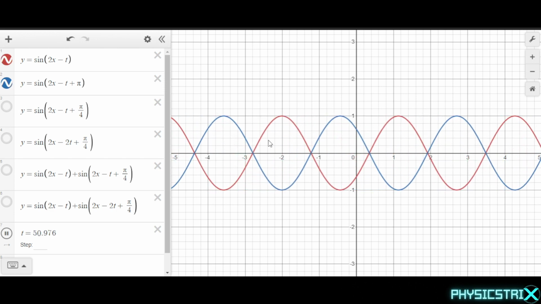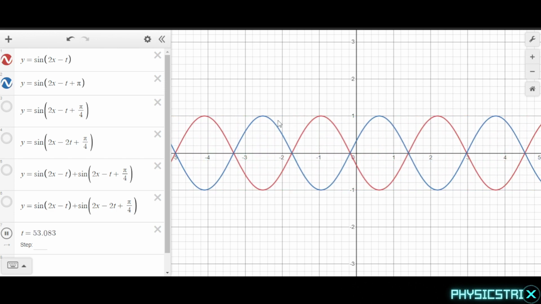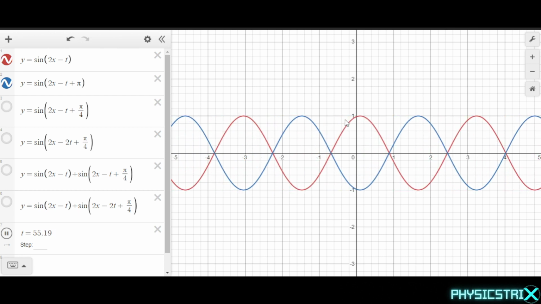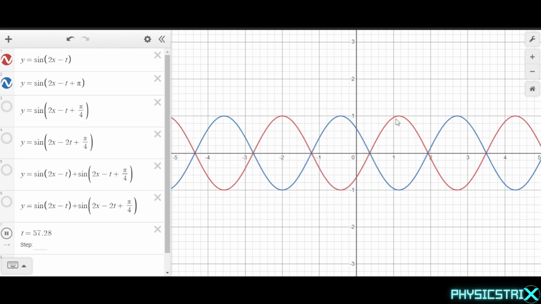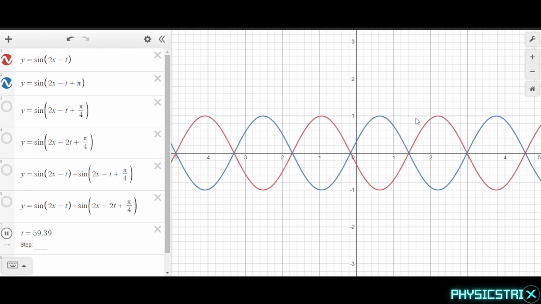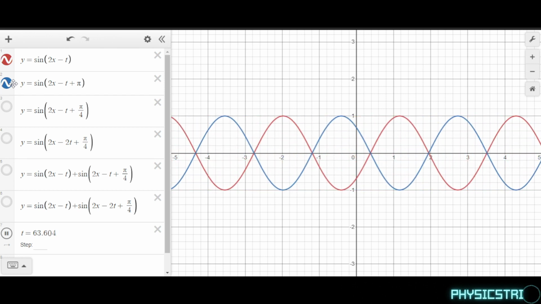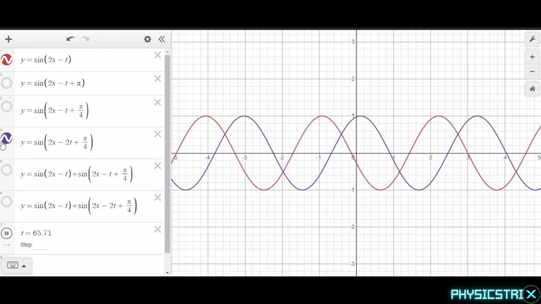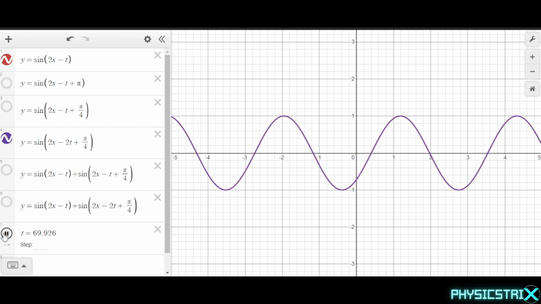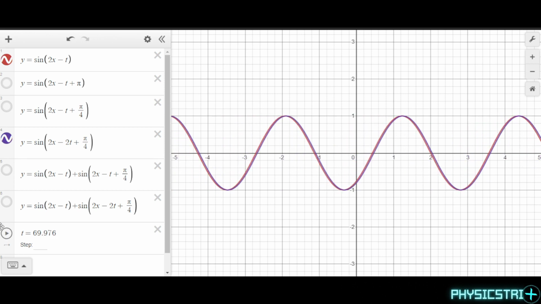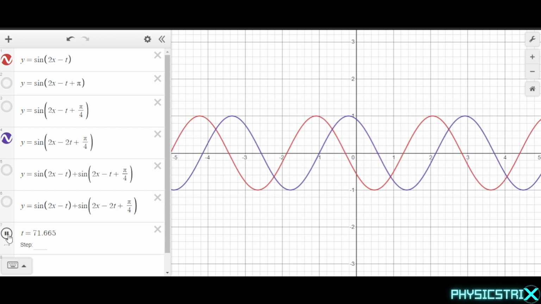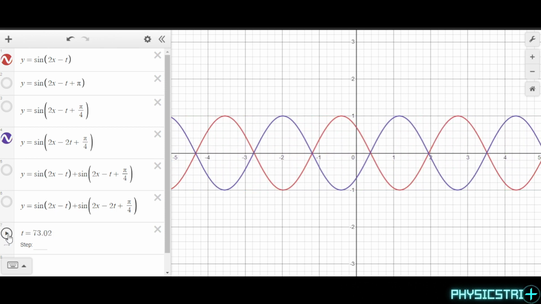As you can see, their phase difference is always the same. They always differ by pi radians. This is very different when we compare with this one. If I stop at any point in time, here, they're almost in phase, and yet if I let it move a little bit more, they're exactly anti-phase.